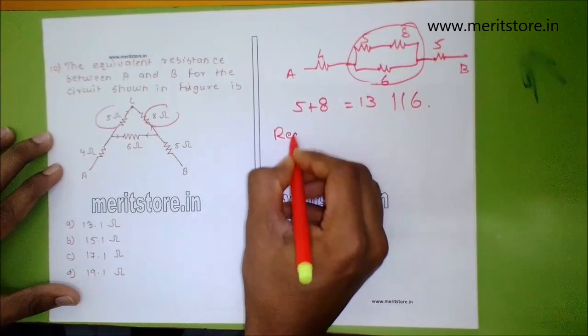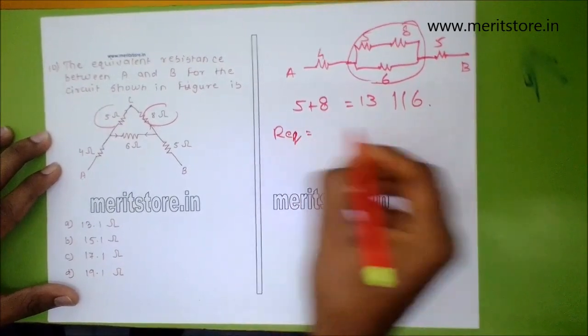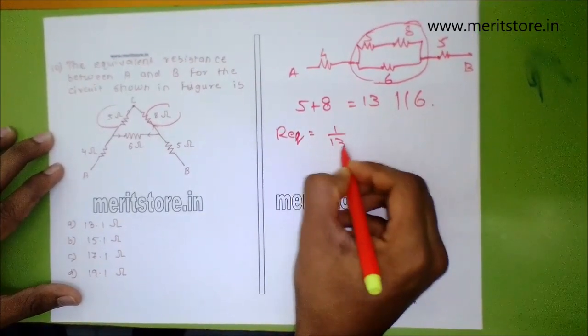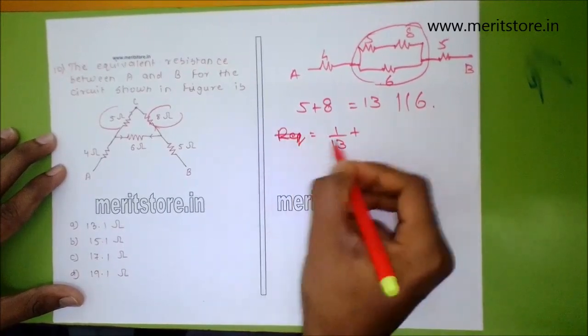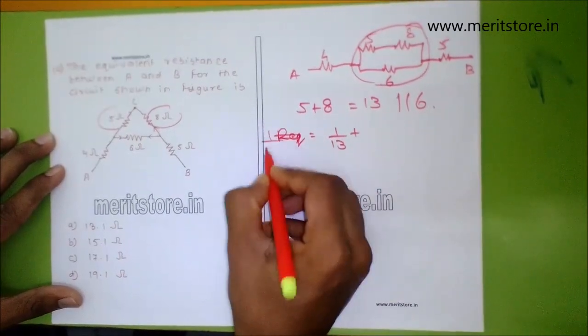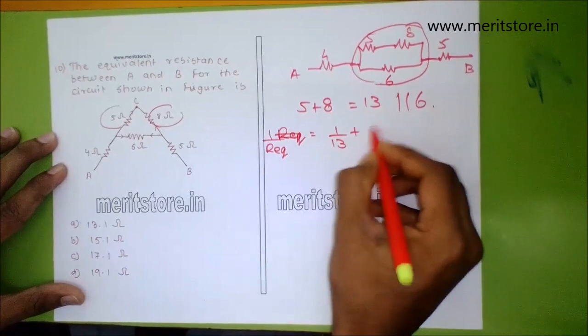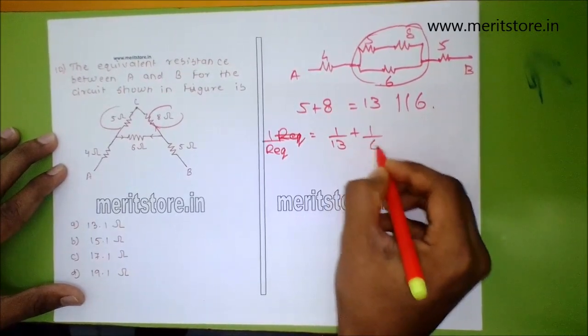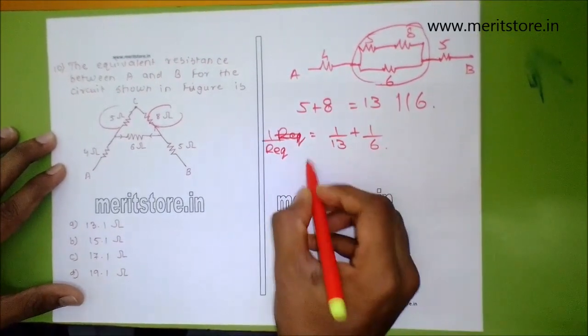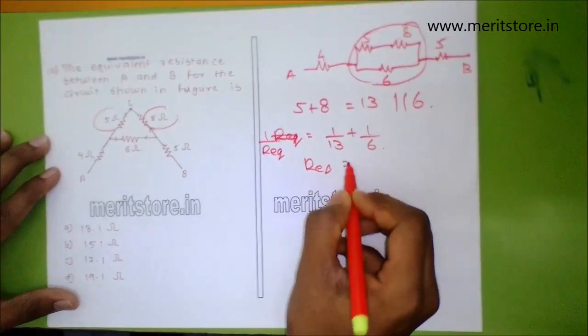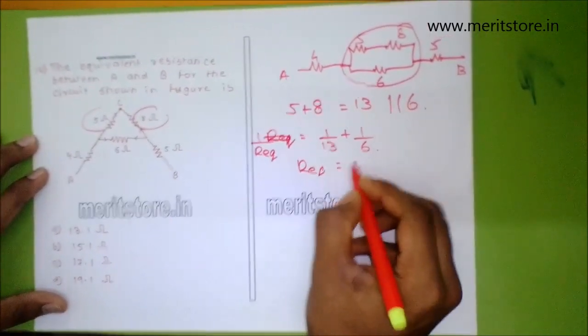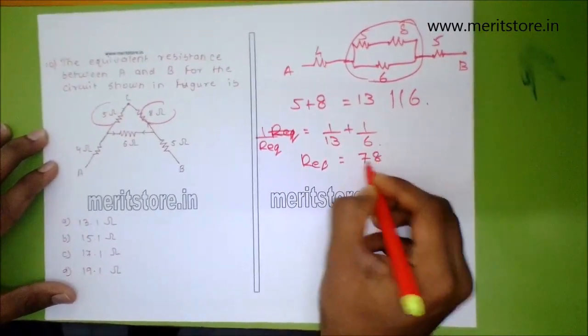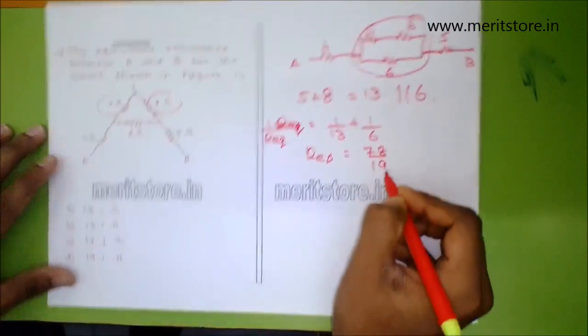So 1 by R equivalent is 1 by 13 plus 1 by 6. So R equivalent turns out to be 78 by 19.